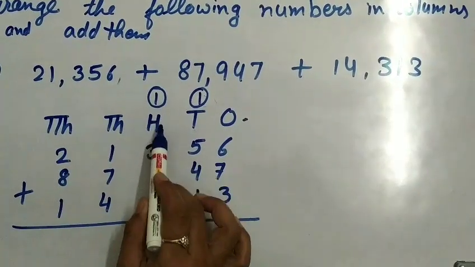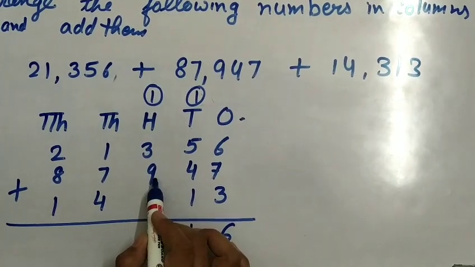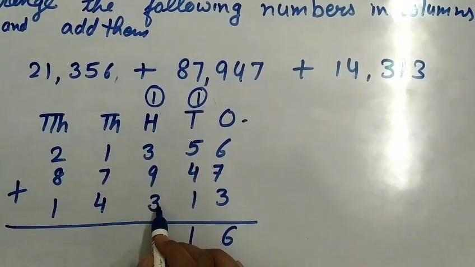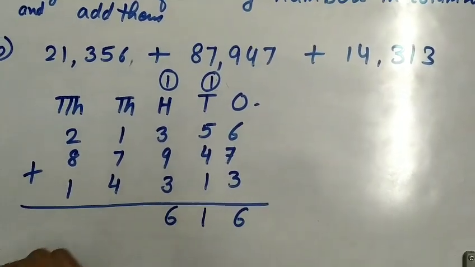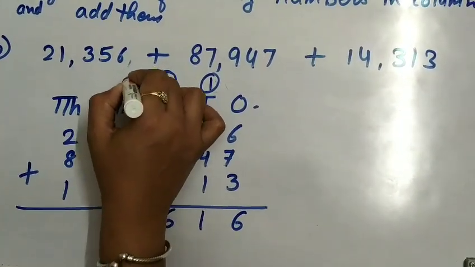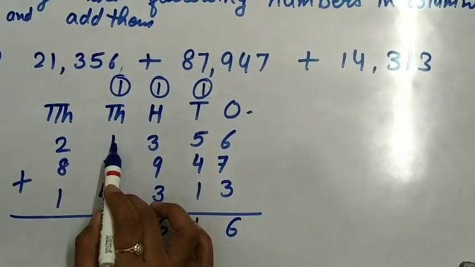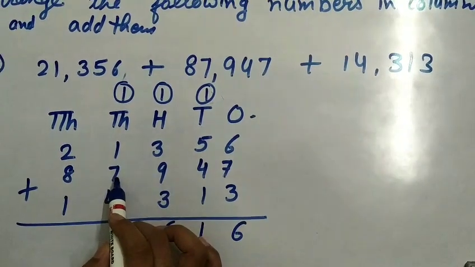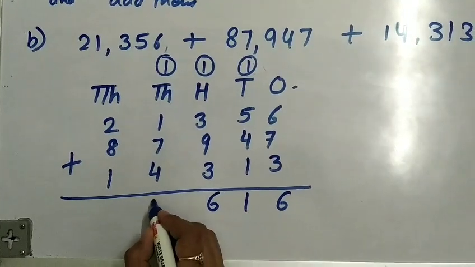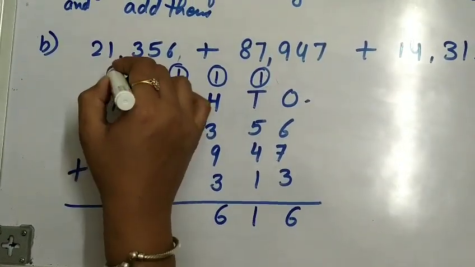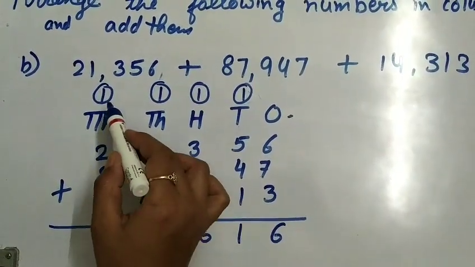Now again 1 and 3, 4. 4 and 9, 13. 13 and 3, 16. We will write 6 here and carry over 1 to the thousands place. Then 1 and 1, 2. 2 and 7, 9. 9 and 4, 13. We will write 3 here and carry over 1 to the 10,000 place.